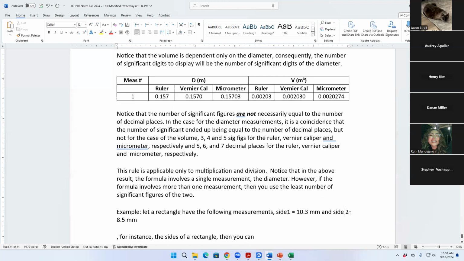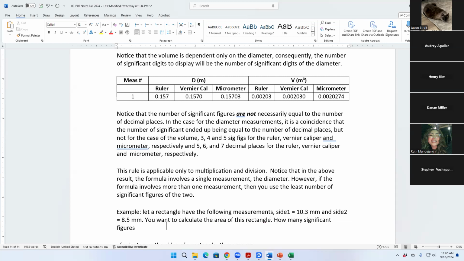Side 1 and side 2, like that. You want to calculate the area of this rectangle. How many significant figures should the area have?